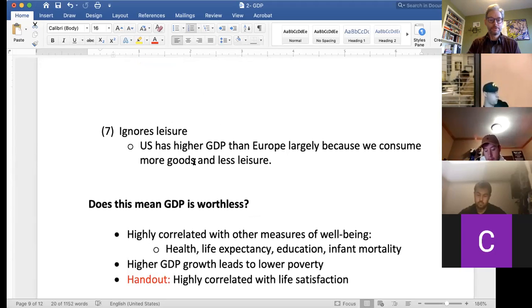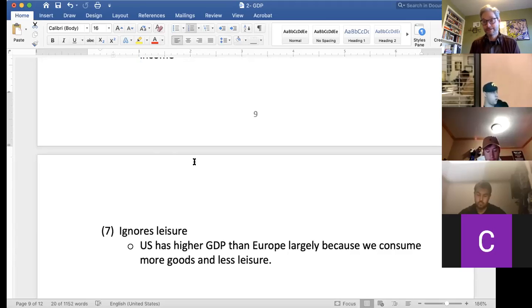One final problem with GDP is that it ignores leisure. You can only contribute to GDP when you're working and making things. If you take a day off and watch Netflix, that might be good for you on an emotional and psychological basis, but that is not contributing to GDP. This is actually one of the reasons why the US has higher GDP than Europe.